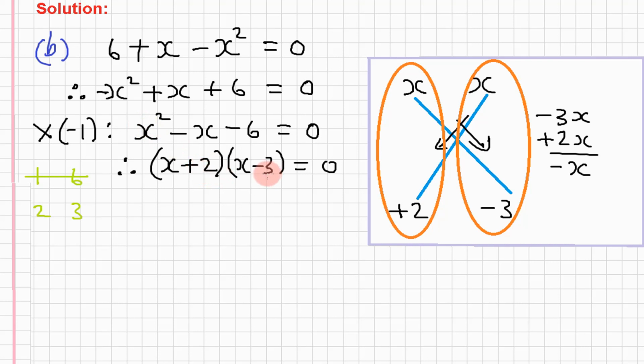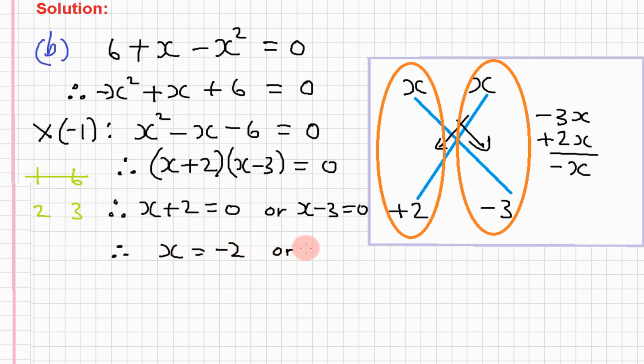Positive 2 times negative 3 is negative 6. Here we have positive 2x minus 3x is negative 1x. We use the zero product rule. And in solving for x is negative 2 or x is 3.